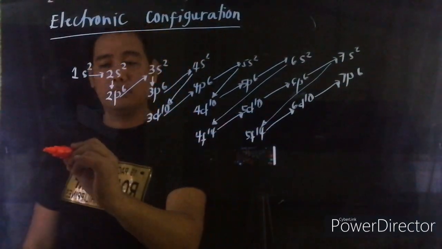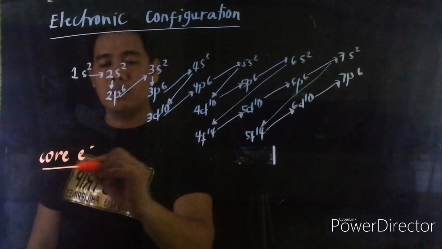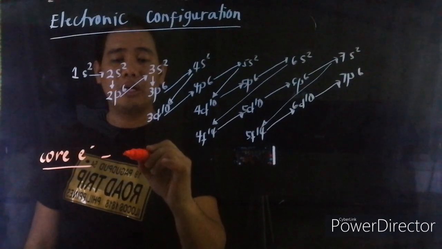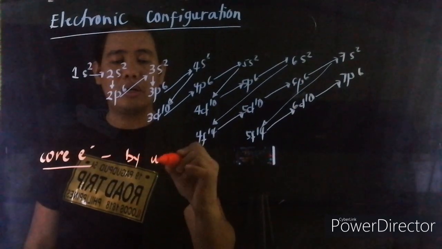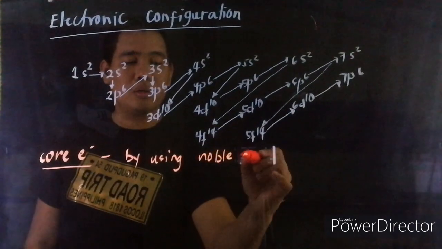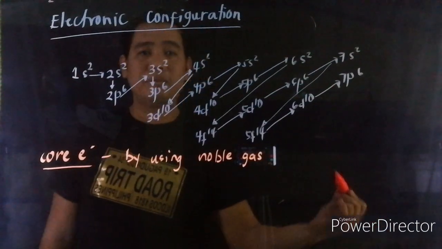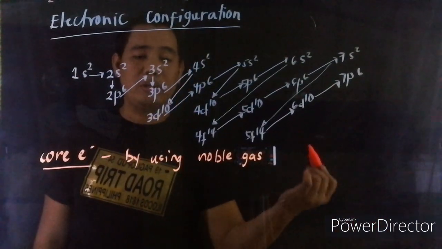So what is core electron? It is by using the noble gas, at the far right side of the periodic table, or the inert gases.